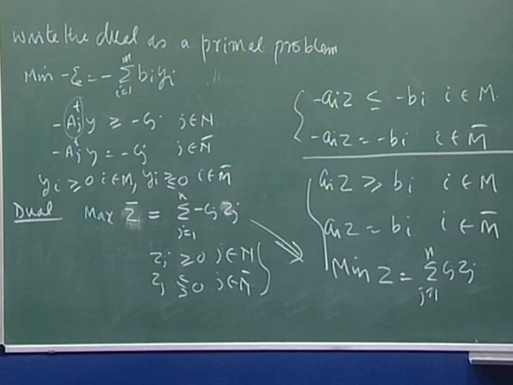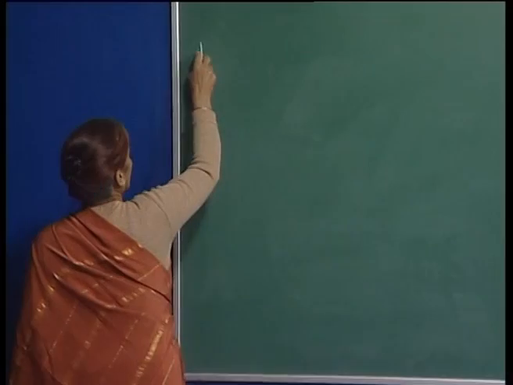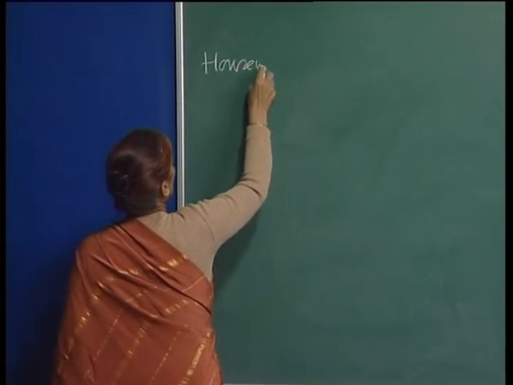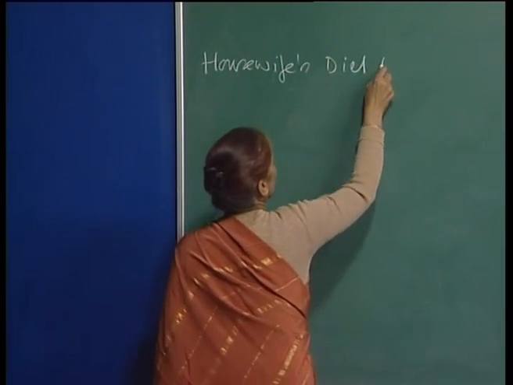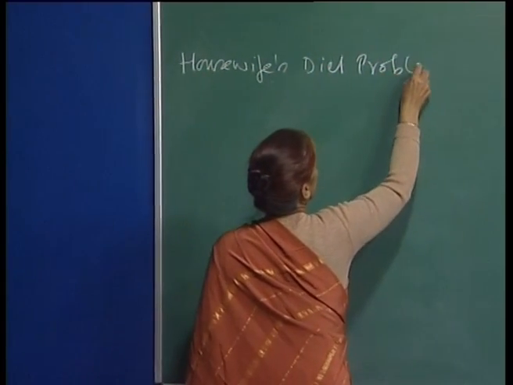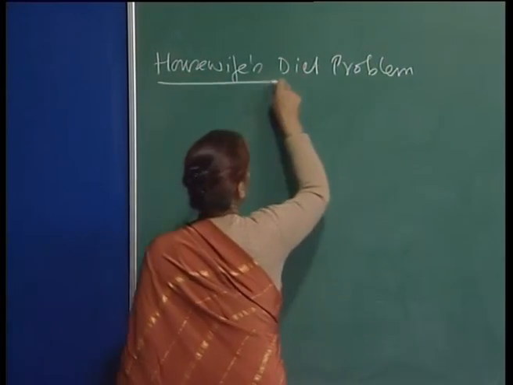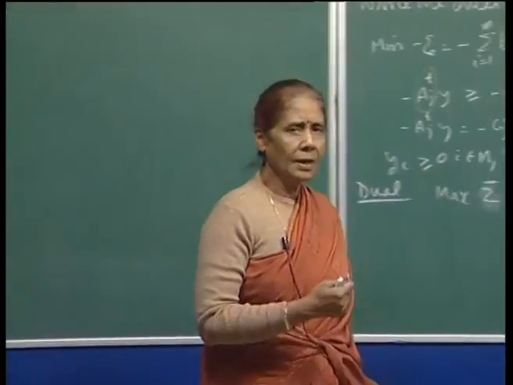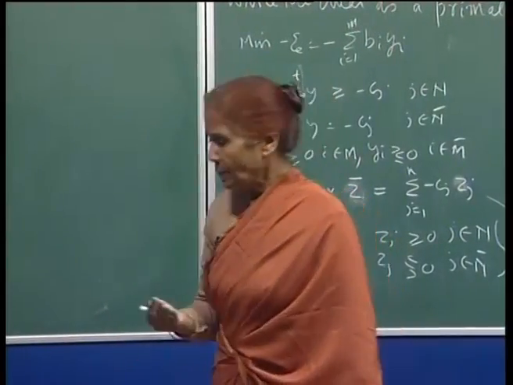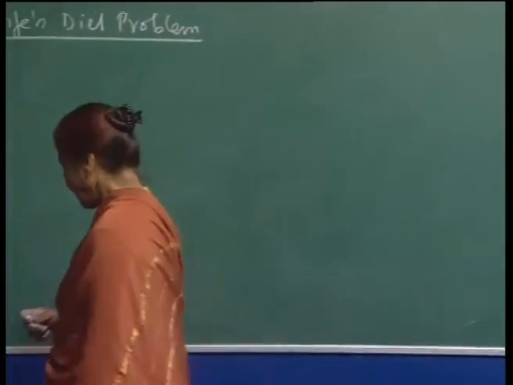Once we have this, let us consider the diet problem, a housewife's diet problem. The idea is very simple, and the problem may look a little oversimplified, but I think it brings out the concepts of linear programming and the dual problem. So, let us look at it.